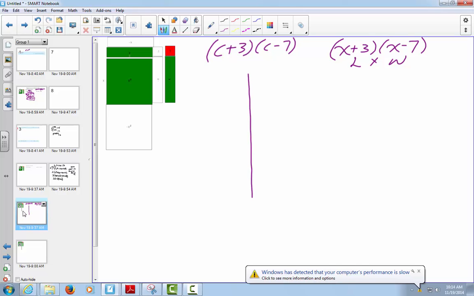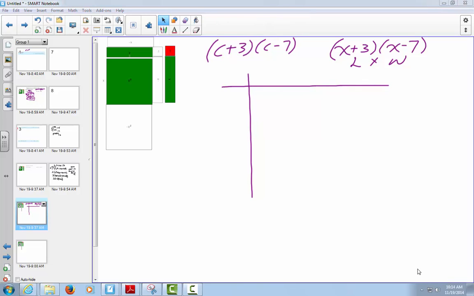So I set up my tiles, and what I'm going to do is take an x and 3 positives, just like that. Perfect.